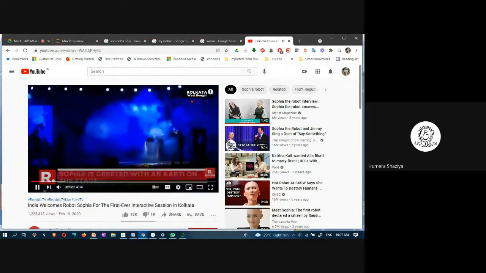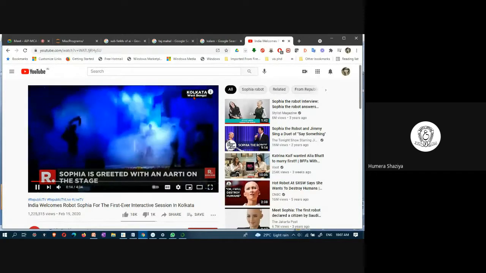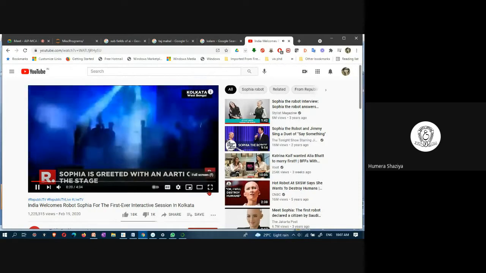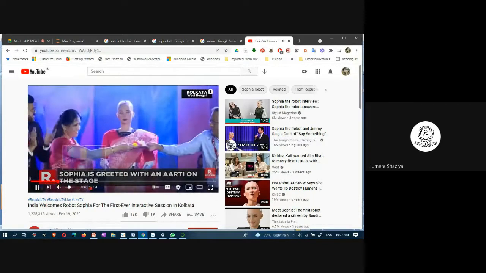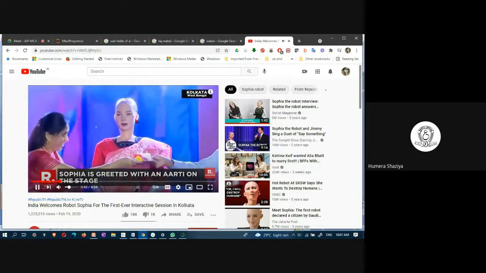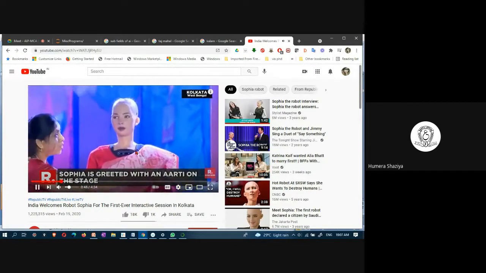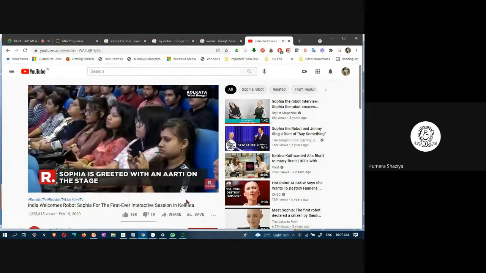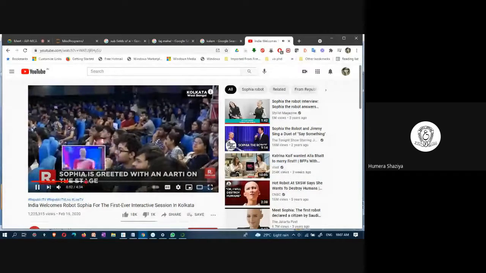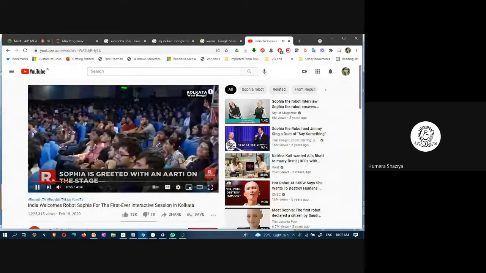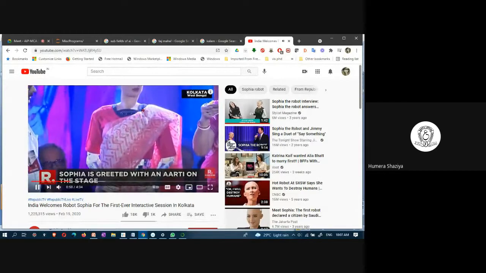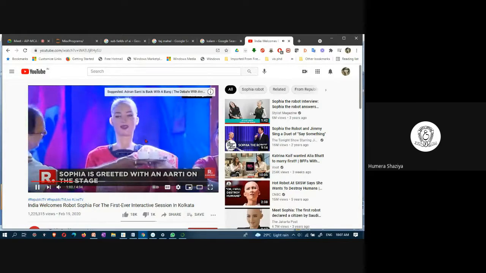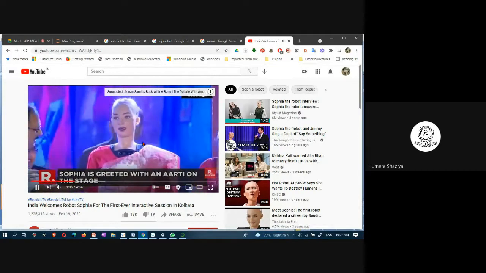Actually, first it went to IIT Bombay and then maybe West Bengal also. Look at this. This is Sophia. Now it is dressed like an Indian. Sophia is greeted with an arti on the stage. This is actually a robot and it is turning its head, giving expressions. This all happened because of AI.